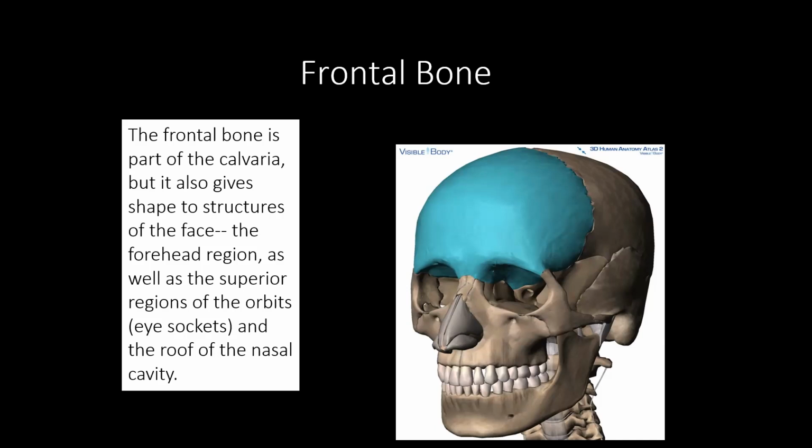The frontal bone is in the front of the skull. It's a large bone. Nobody ever gets that wrong on the bone test. And all these bones, the bones of the cranium, are designed to protect the skull.